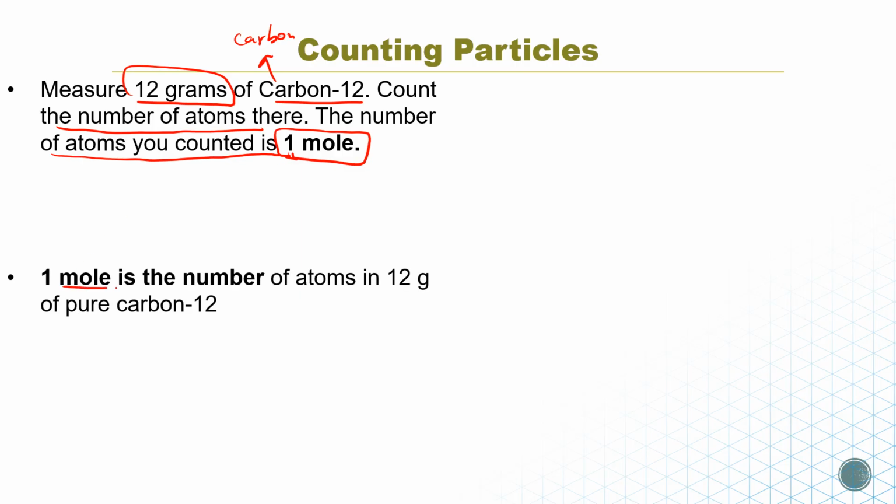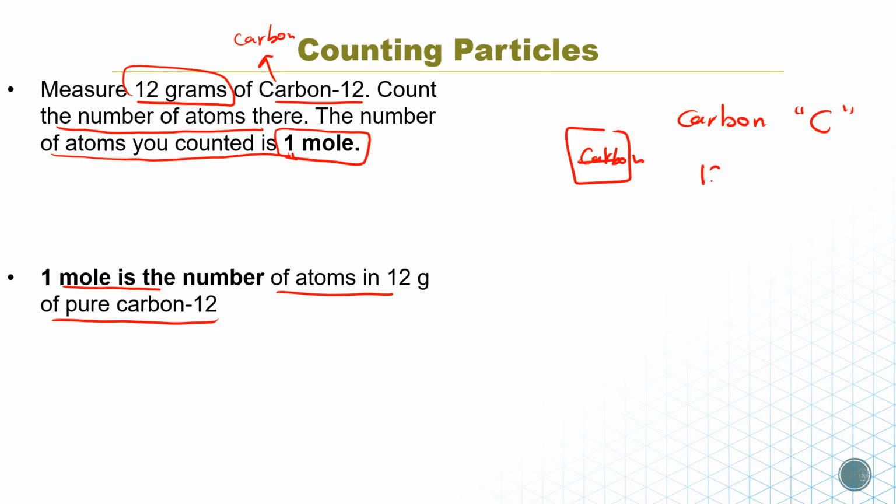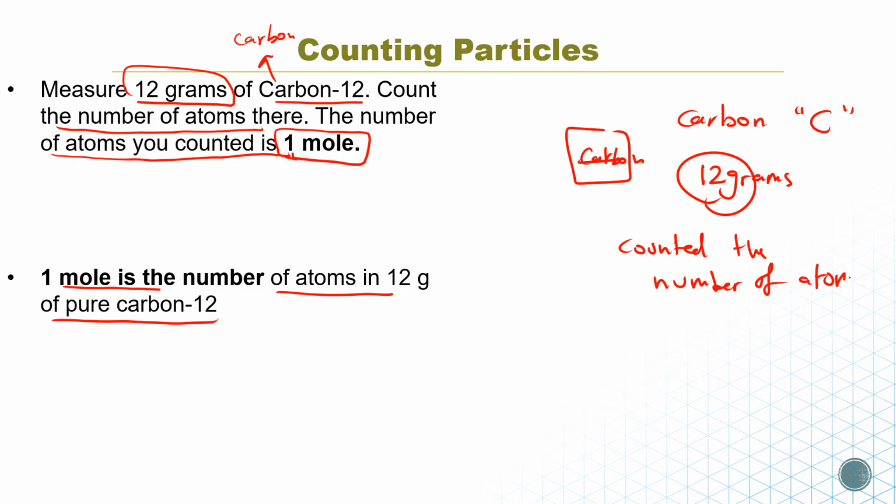So 1 mole is the number of atoms in 12 grams of pure carbon. شو معنى هالكلام؟ ذرة الكربون، the element carbon، عنصر الكربون حسبوا منه 12 grams. خذنا 12 grams منه. Okay? Counted the number of atoms. من خلال التجارب حسبوا عدد الذرات اللي فيه.